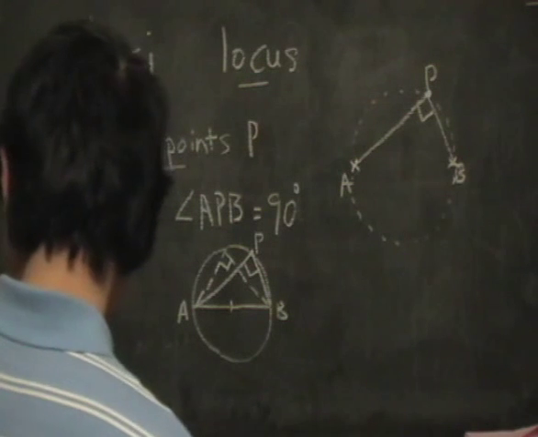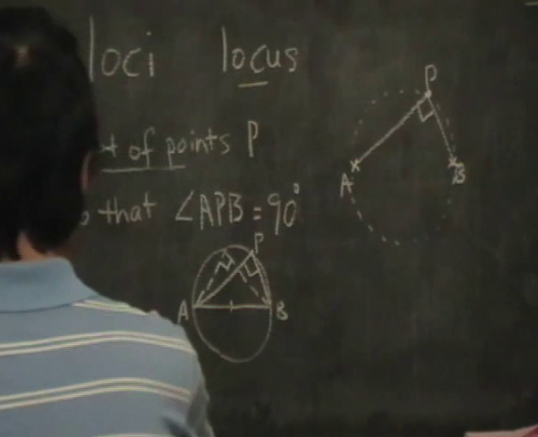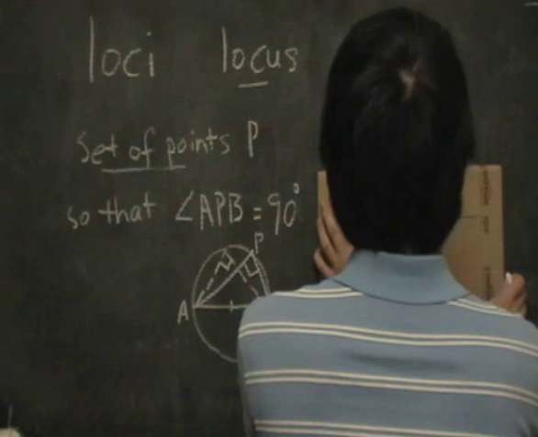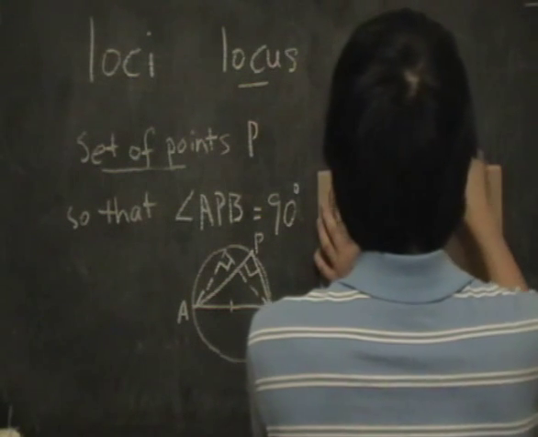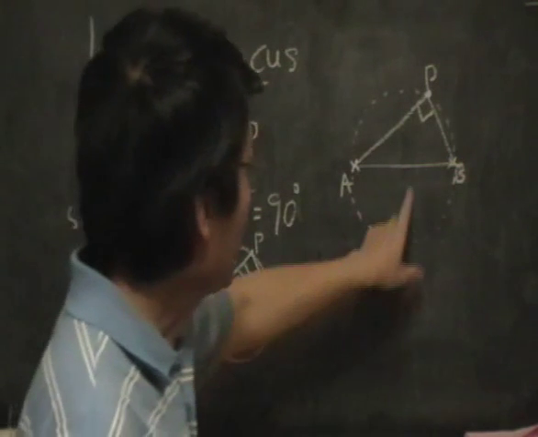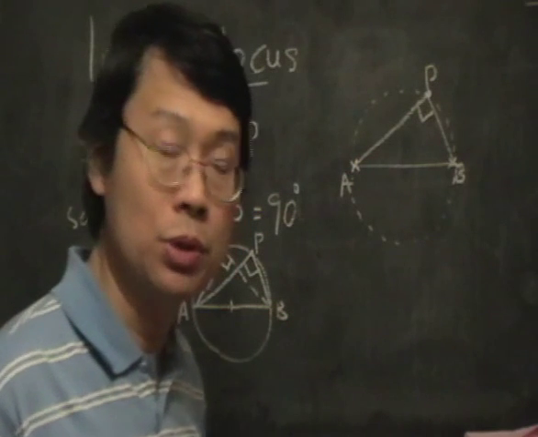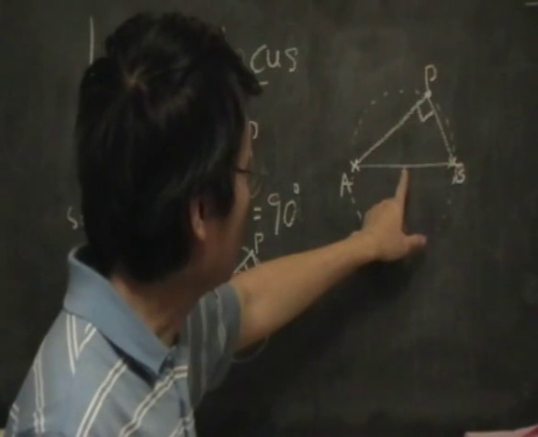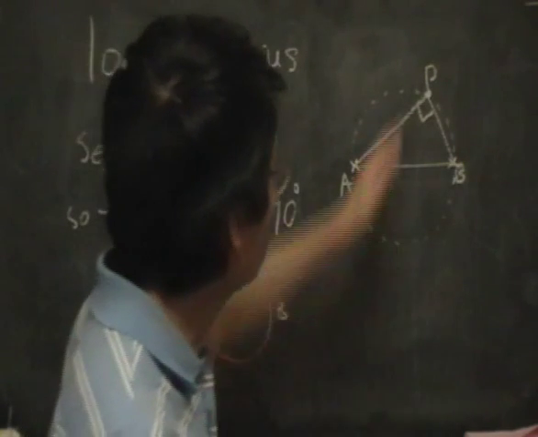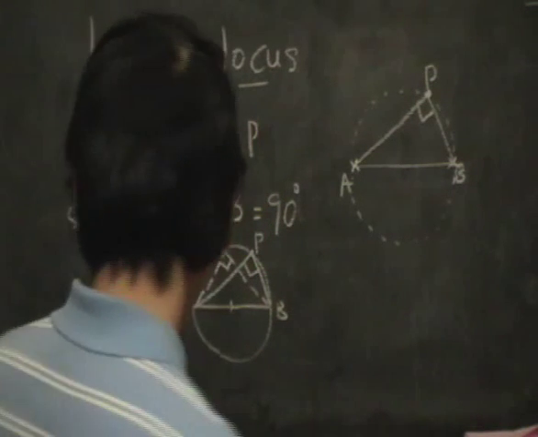Well, let me start by drawing a straight line through AB. If I want to find the center, it's the same as finding the midpoint of AB. I can do that by constructing the perpendicular bisector, because that would cut AB into half. Let's do that.